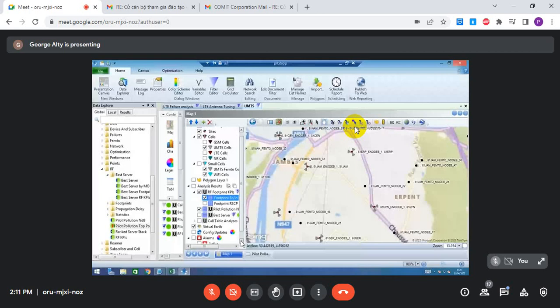Let's see where all my data's gone. Okay, my data appears to have gone missing here. I'm sure it's something to do with me dragging the cursor around.